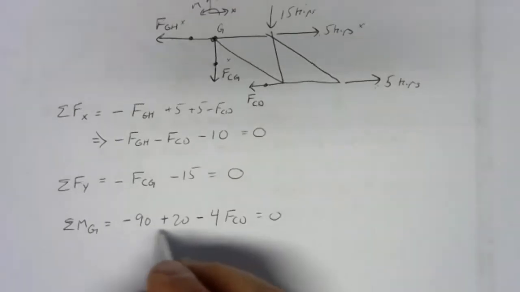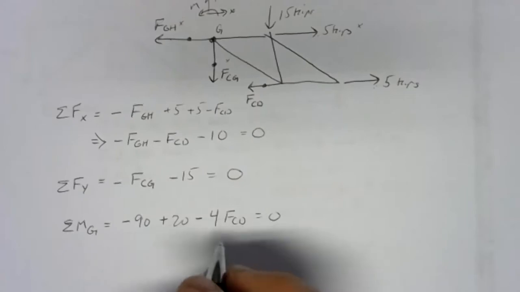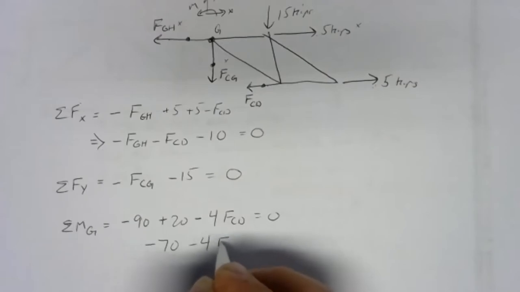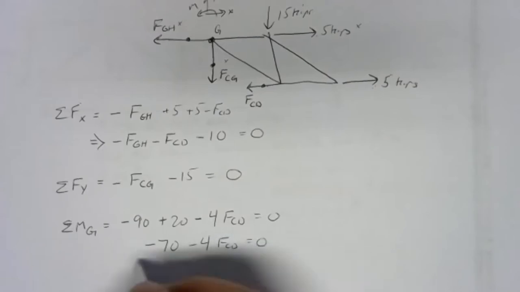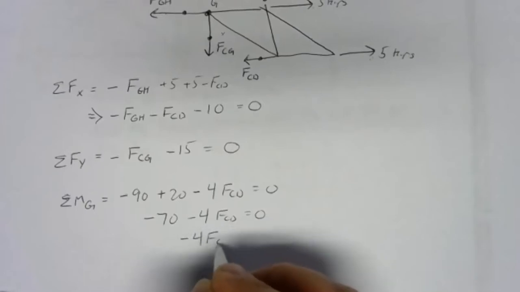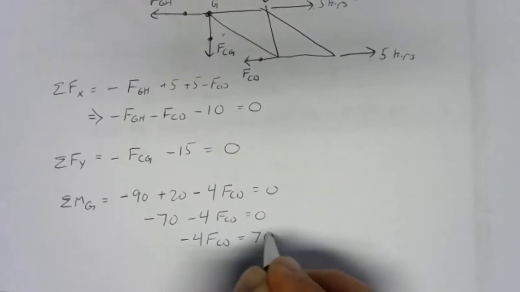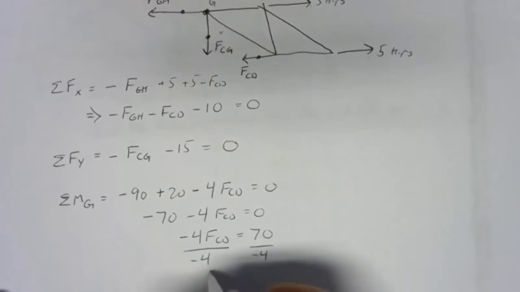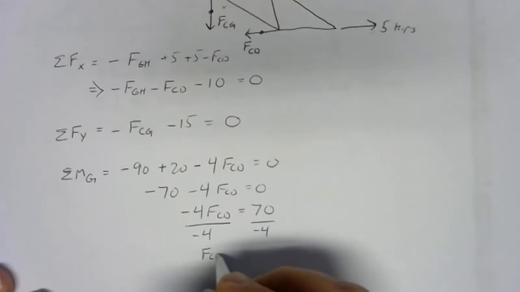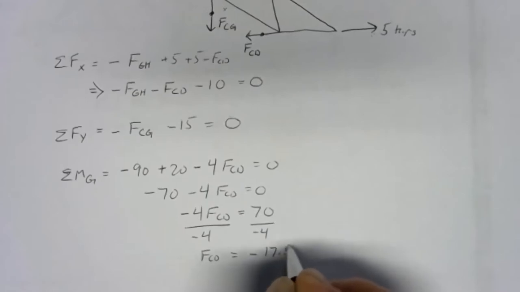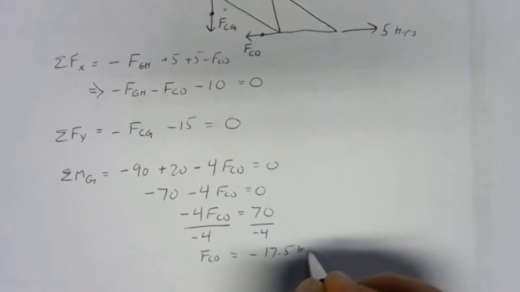If we combine the negative 90 and the 20, we get negative 70 minus 4 FCD equals 0. Adding 70 to both sides, we get negative 4 FCD equals positive 70. Divide both sides by negative 4, and FCD comes out to be negative 17.5 kips.